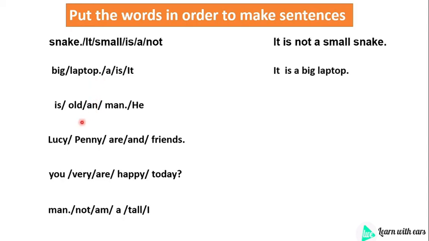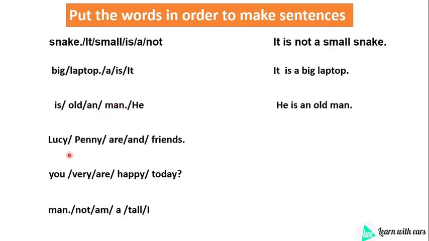Now here again we have he, the subject, is, the helping verb, he is, and old. We use an before a vowel, O is a vowel, an old, and then man. Okay, man is a noun, right? He is an old man.